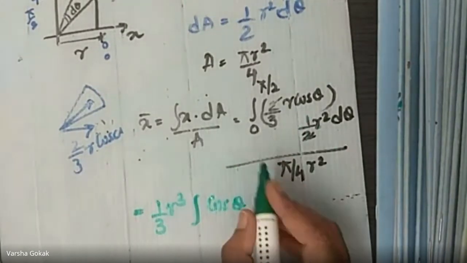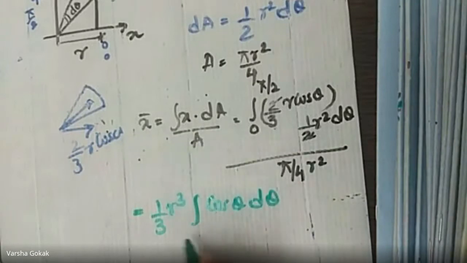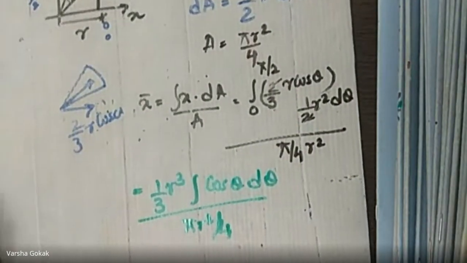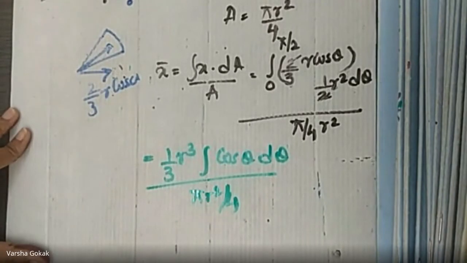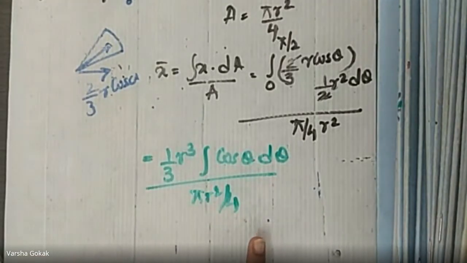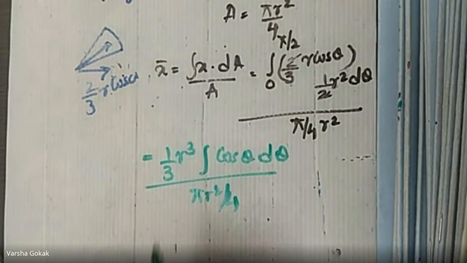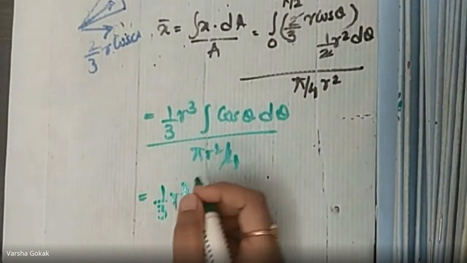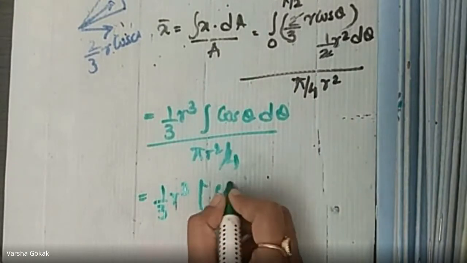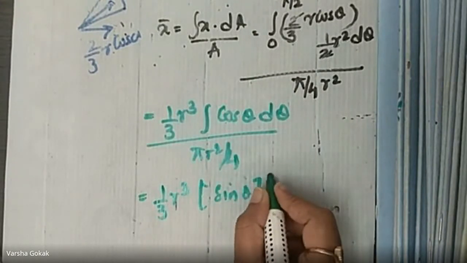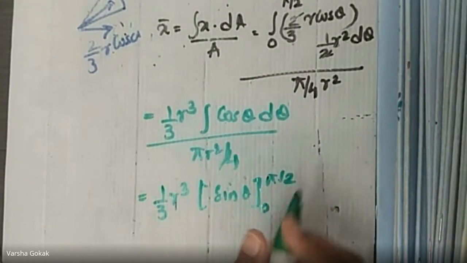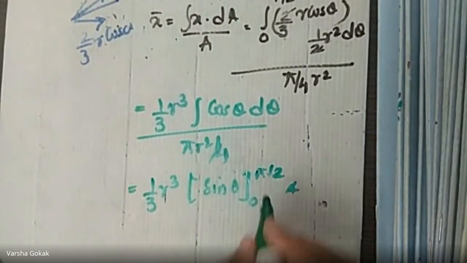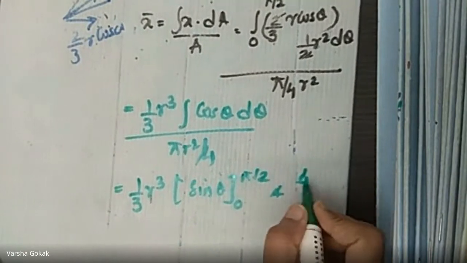Because r also is gone. Cos theta into d theta, the whole thing divided by pi r square by 4. Now, what is cos theta integration? It is going to be sin theta. So 1/3 r cube sine of theta from 0 to pi by 2, divided by pi r square by 4.